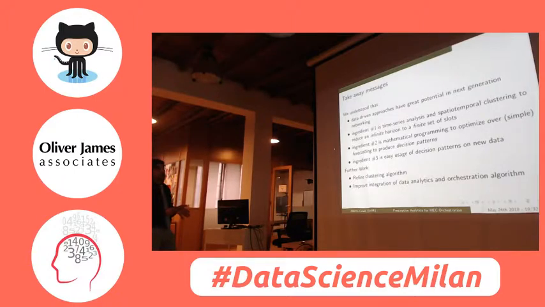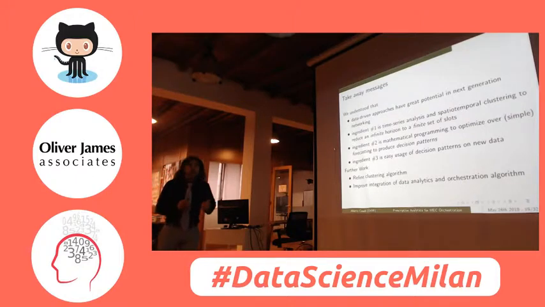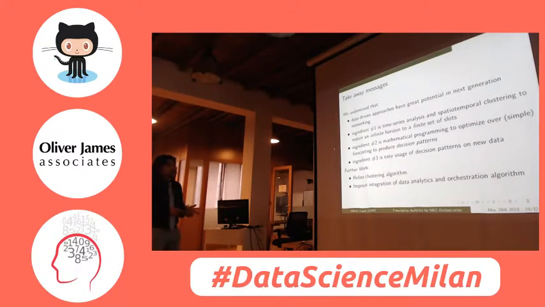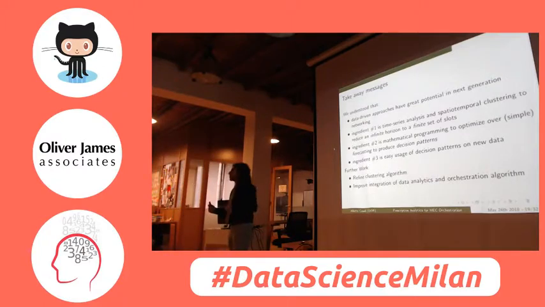Ingredient number two is using mathematical programming for optimizing over even simple forecasting to produce decision patterns. Ingredient number three is that you need to produce solutions that are easy to implement in practice and do not require lots of adaptation. And I guess that's it. I would be glad to answer questions, comments.